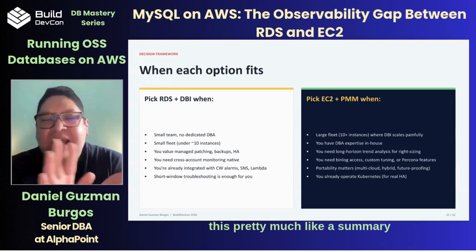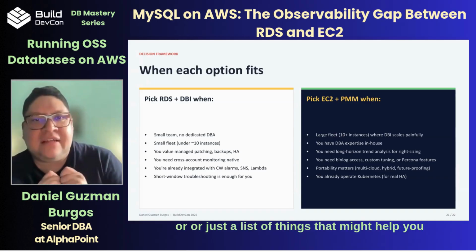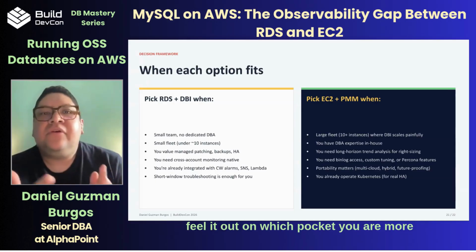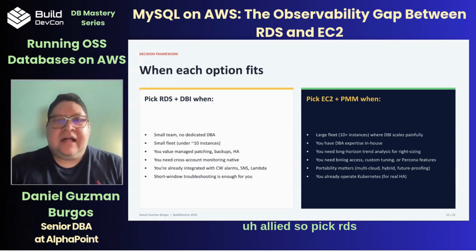This is pretty much like a summary, or just a list of things that might help you figure out which bucket you are more aligned with.